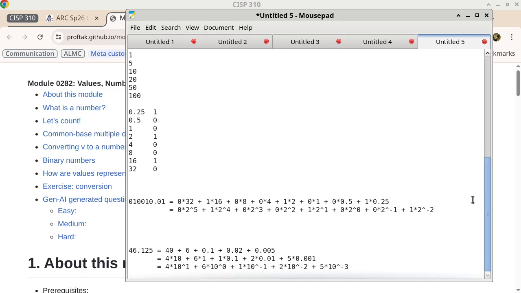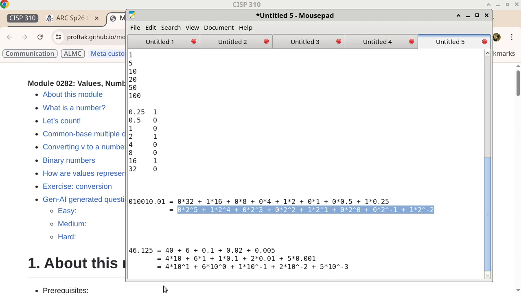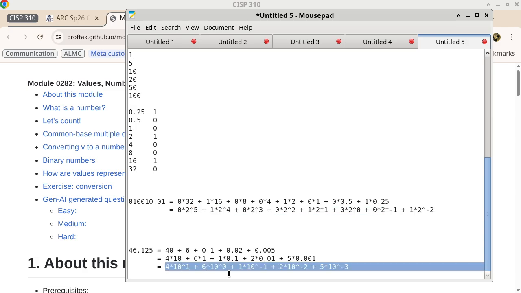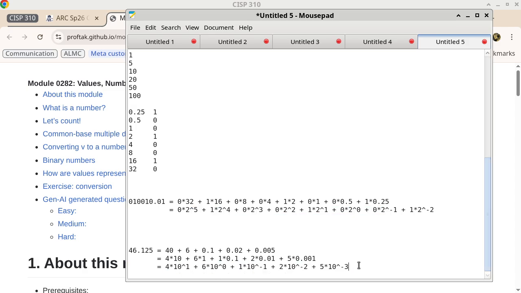All right. So if you compare this entire expression in terms of the format with this expression, do you think they look a little bit similar? We are specifying how many of a particular power of 2 we need. The other one is expressing how many of a power of 10 we need. So that is the structure. We are trying to extract the structure by looking at the two formats.